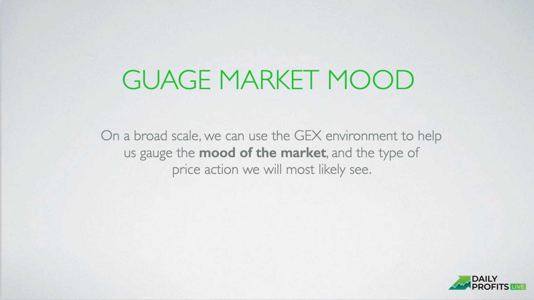Firstly, on a large scale, and again, as I said at the beginning, to not get into the weeds on when market makers have this much delta and this much negative gamma, so they have to offset by acquiring this much positive gamma. We don't need to get into the weeds on that, because that doesn't necessarily matter to us, because we're not trying to act like a market maker, right? So on a very broad scale, we can use the GEX environment to help us gauge the mood of the market and the type of price action we might see, okay?